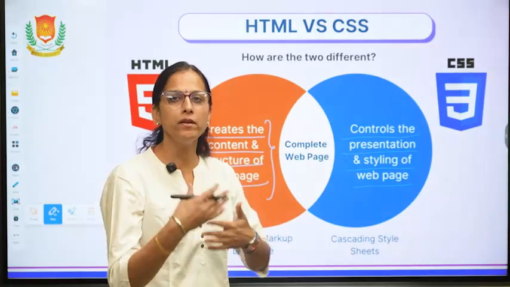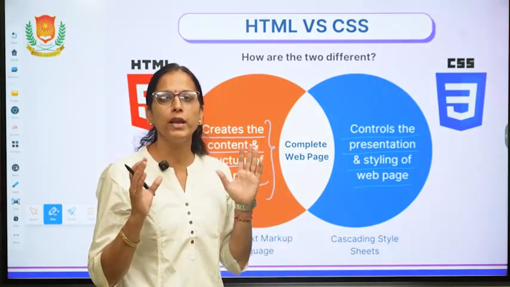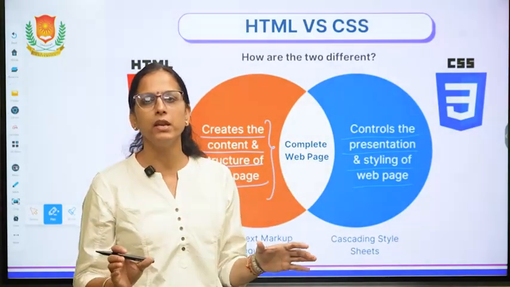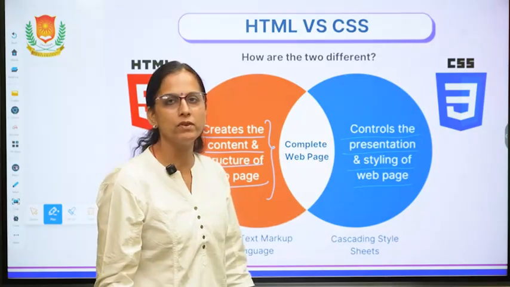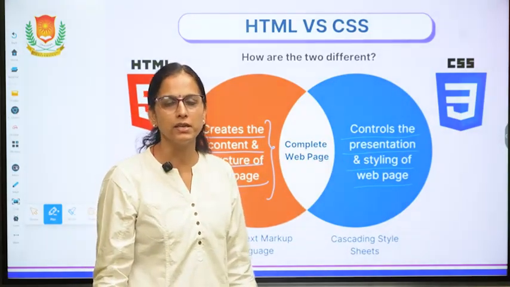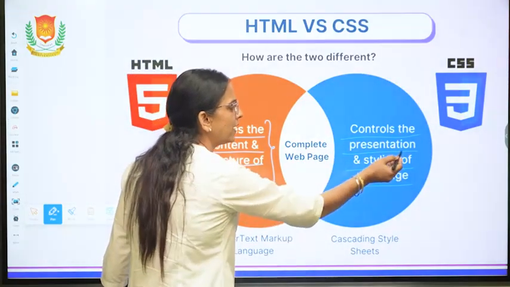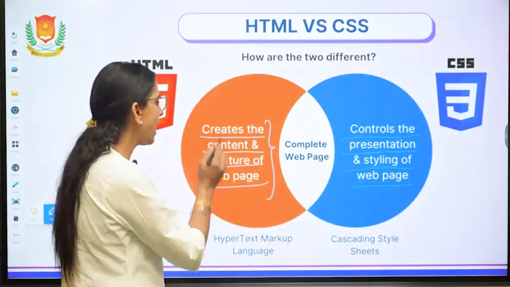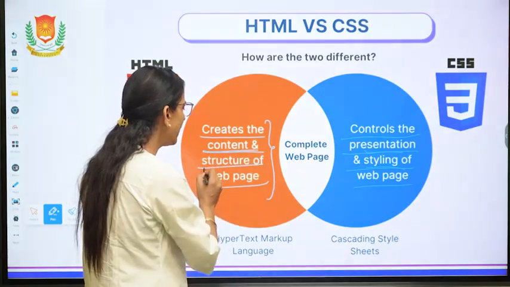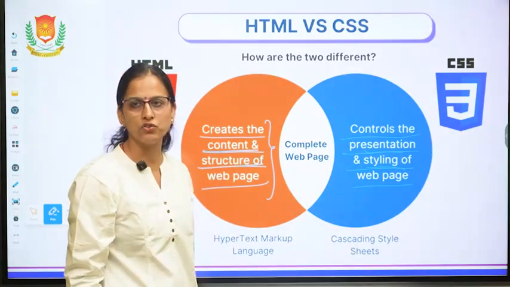How interactively and how beautifully it will be displayed on the screen can be specified with the help of CSS. So CSS controls the styling and presentation, and HTML displays the content and the structure.